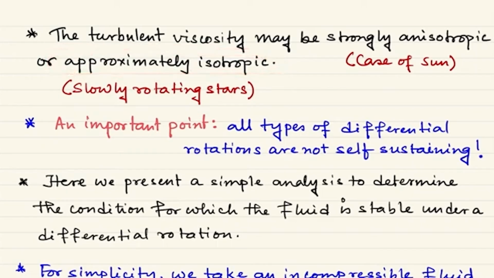That means if the turbulent viscosity is represented by some second rank tensor, then the matrix will be symmetric. So something like tau xy will be equal to tau yx, for example.